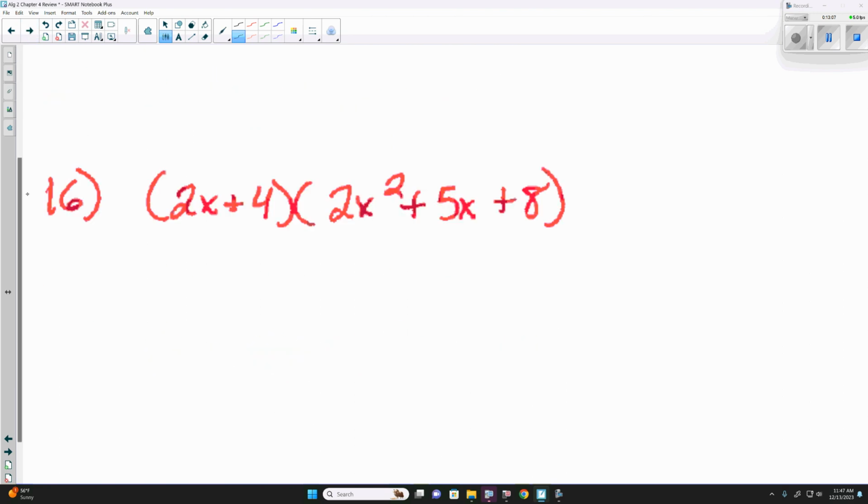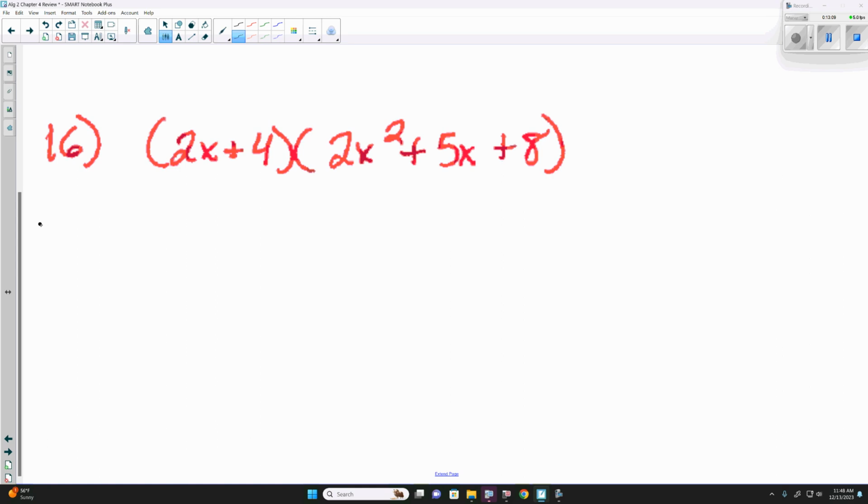16. When we multiply two polynomial expressions, the first thing we're going to do is distribute our first term. So for this one here, the first thing we're going to do is multiply everything by 2x. Our 2x times 2x squared, our 2 times 2 is 4.